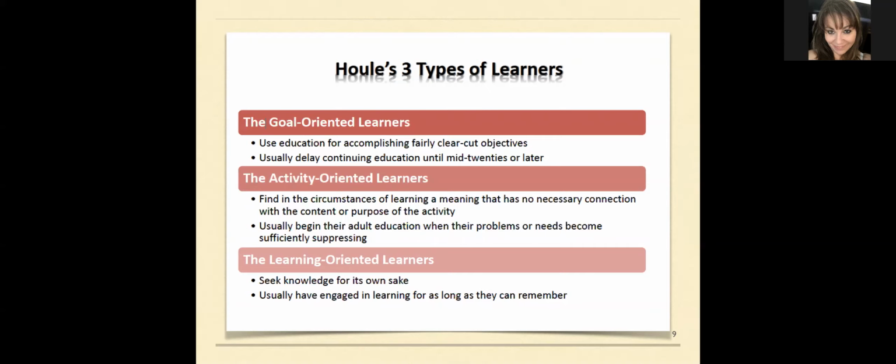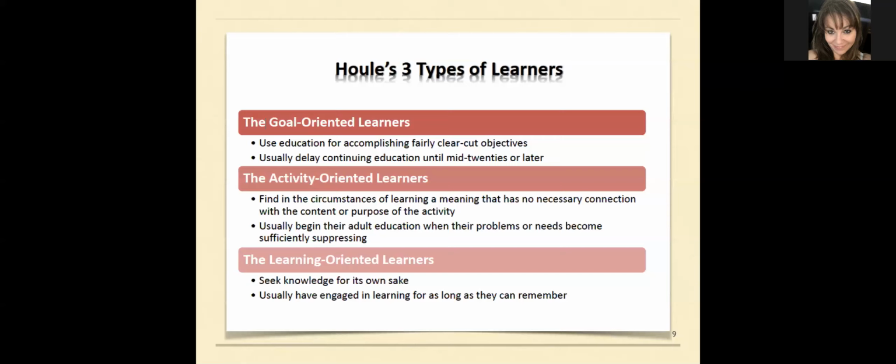And then making sure that we find the circumstances of learning and a meaning which has no necessary connection with the content or purpose of the activity. So the idea that, yes, your purpose in this class is to make sure that you understand how to do research in the library and how to put an article review together, but it's also the ability for you to think about, ponder and analyze a given educational situation or time period, and think critically about it.